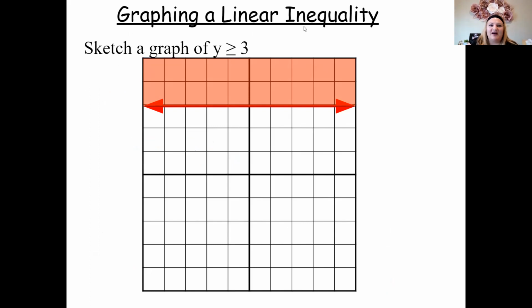You need to know that when you're dealing with y equals a number, it is represented by a horizontal line.